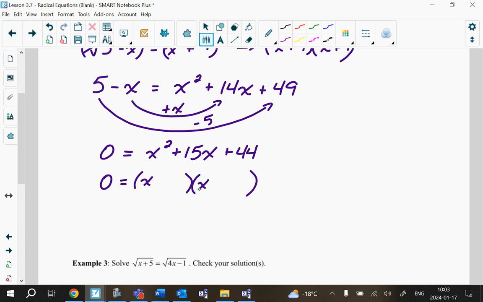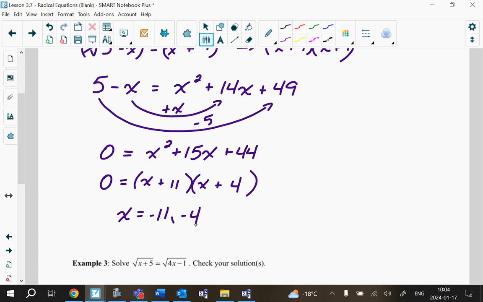They just don't look like they're friends, but they are. Therefore, what are my two answers? x plus 11 equals 0, so x equals negative 11, or x plus 4 equals 0, so x equals negative 4.